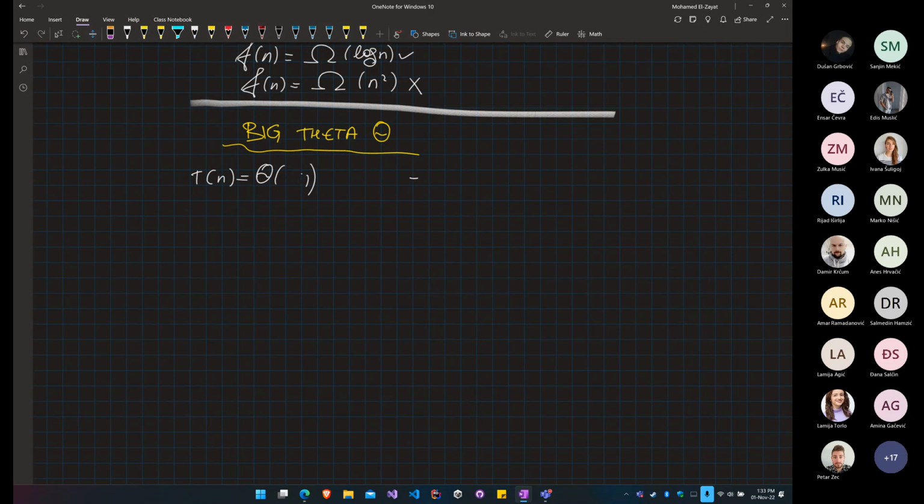Just in order, because we're going to have a lot of letters here, I'm going to put h of n here.